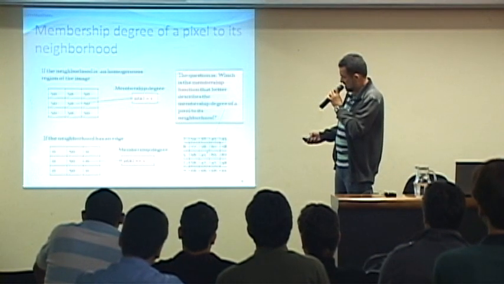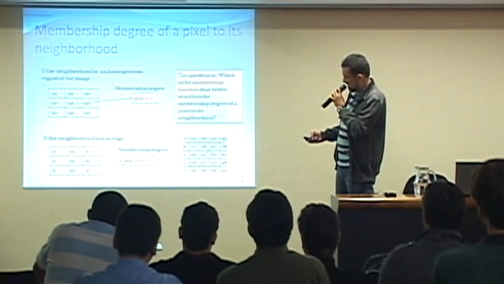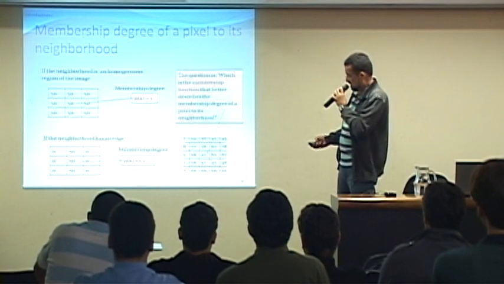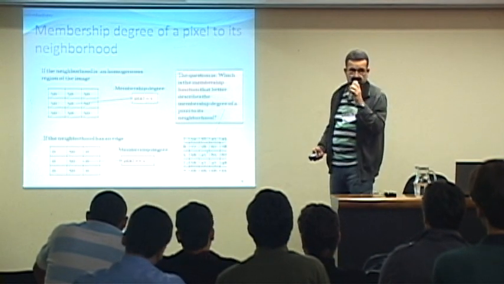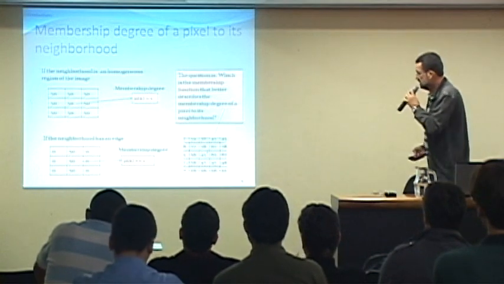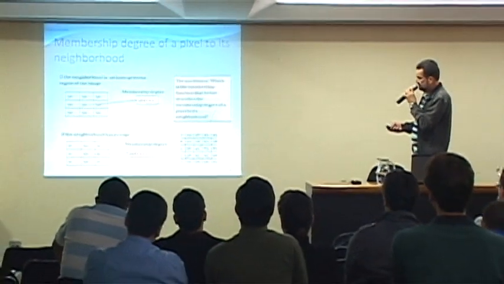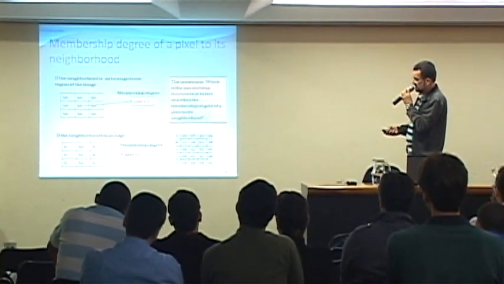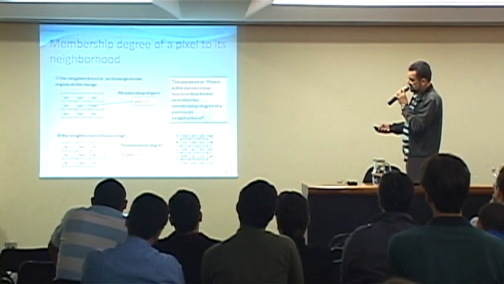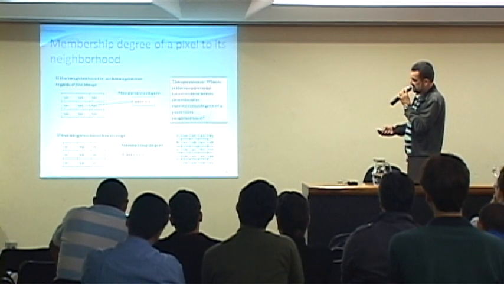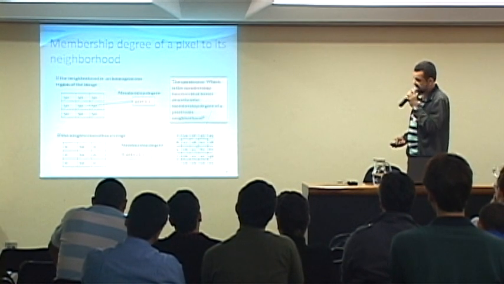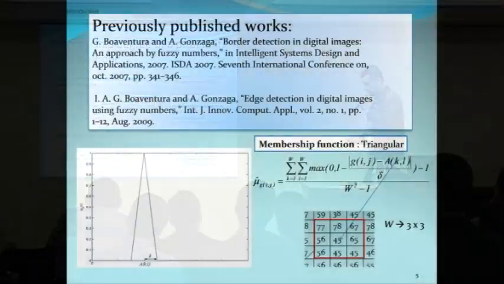But if the region is not homogeneous, like an edge, this membership degree is less than 1. The question is, which is the membership function that better describes the membership degree of the central pixel to its region? We don't know.